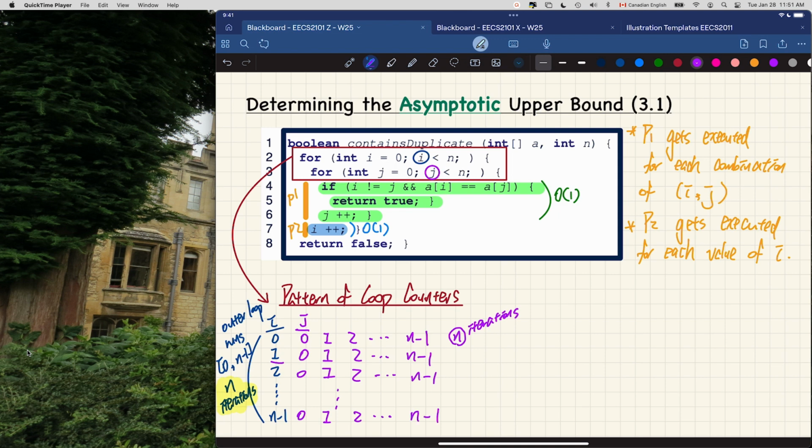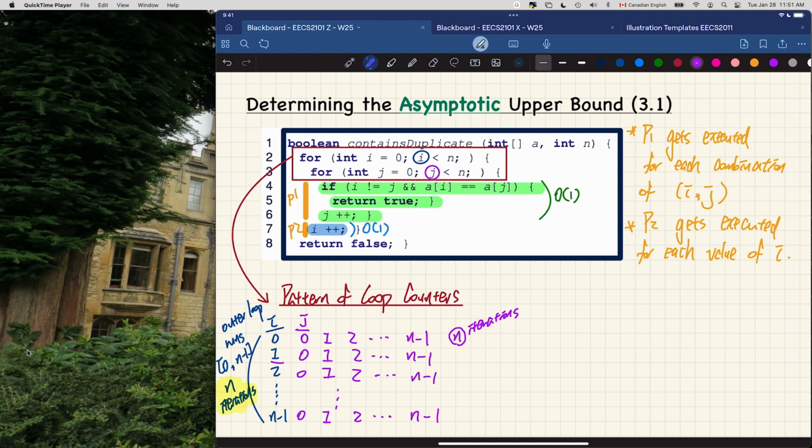And now, once we have got this pattern well observed, this cell over here talks about the combination of i, j as 0, 0. This one here is about 0, 1, and this one here is about 0, 2. For each combination, we're going to execute this green part. How many? That's something we've got to work out.